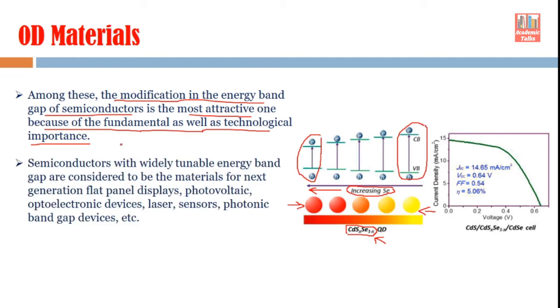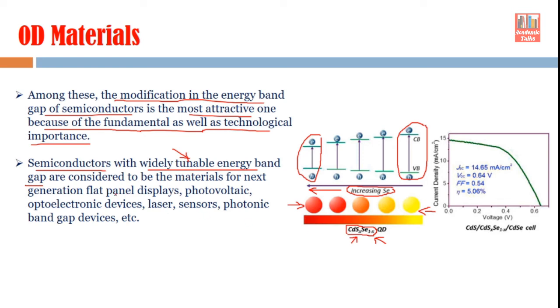So you can see here semiconductors with widely tunable energy band gaps. Tunable means we can tune the energy band gap, meaning we can change the energy band gaps. One example is here, the compound cadmium sulfide selenide.